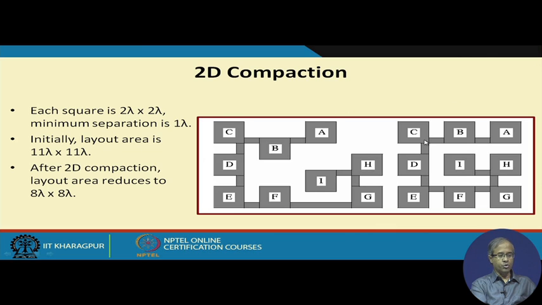Now, if you do 2D compaction means I can move blocks simultaneously in x and y directions, like for example, this B block I am moving upward, this I am bringing here, this H I am bringing to the side and G is bringing here. So, now nicely we are fitting it into a 3 by 3 kind of a layout. So, now your total area will be 8 lambda this direction and 8 lambda this direction, it is reduced.